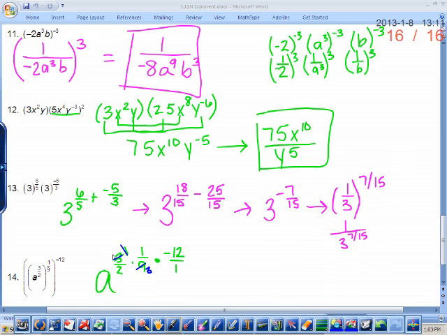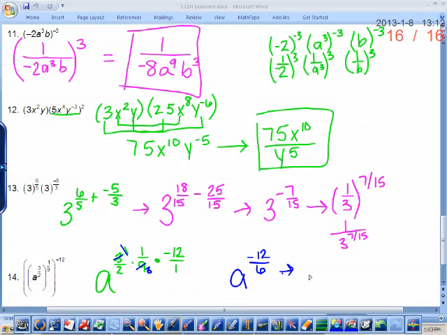I just reduced 3 over 9. You could also reduce 2 and -12 or 3 and -12, and you can keep reducing to make your life easier. Okay? So multiply all the way across the top. 1 times -12, -12. 2 times 3 times 1, 6. So this is a to the -12 sixths.